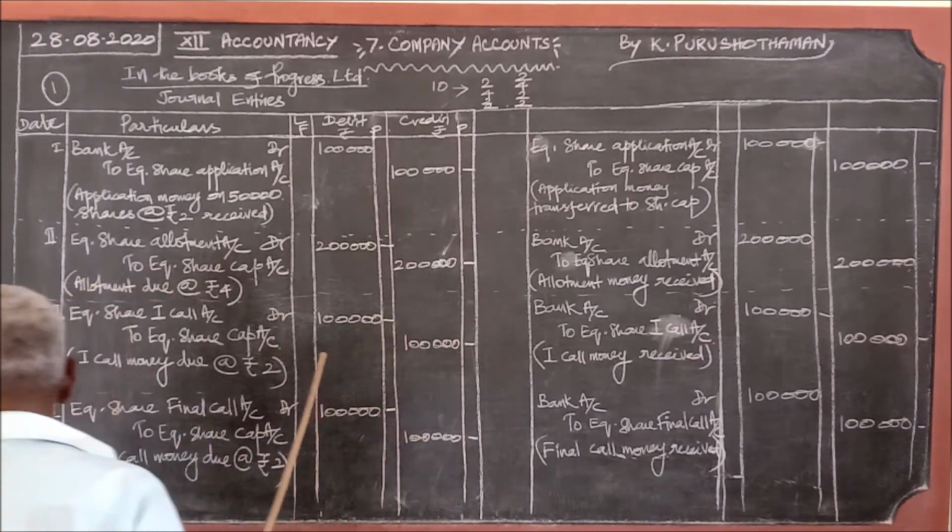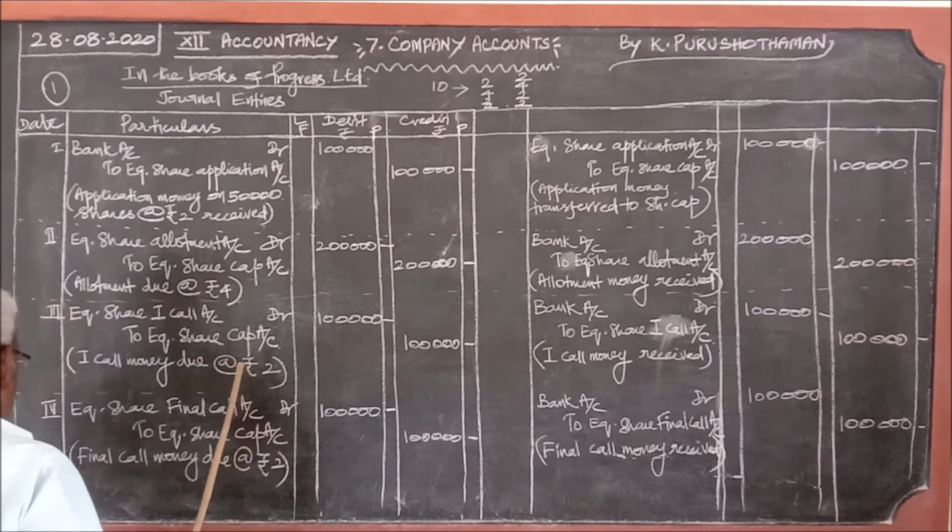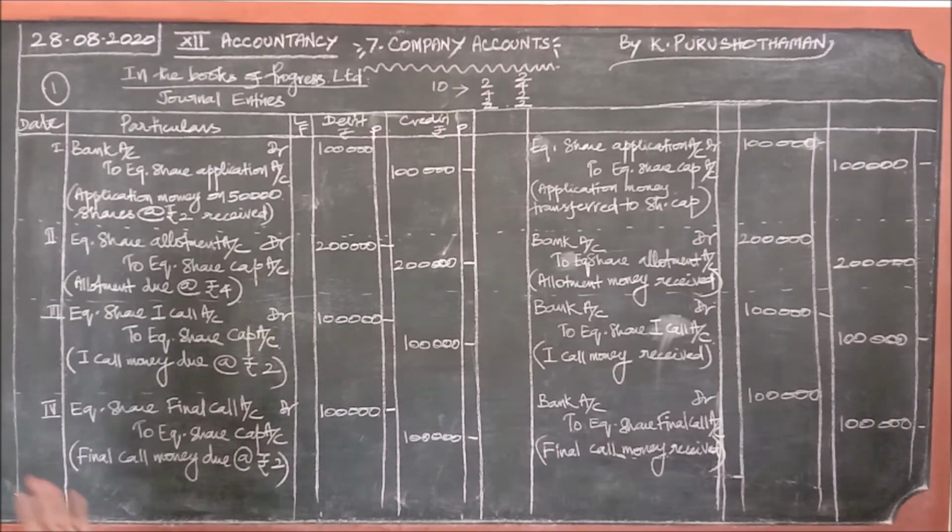First one, what is the procedure in buying the share when the share amount is divided and received? If the company collects the amount in 4 stages instead of in lump sum, this is the method of passing entry. How are they collecting? Each share value rupees 10.